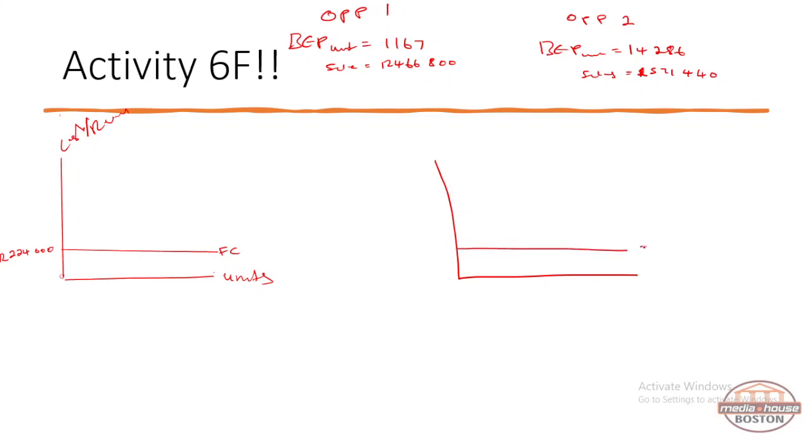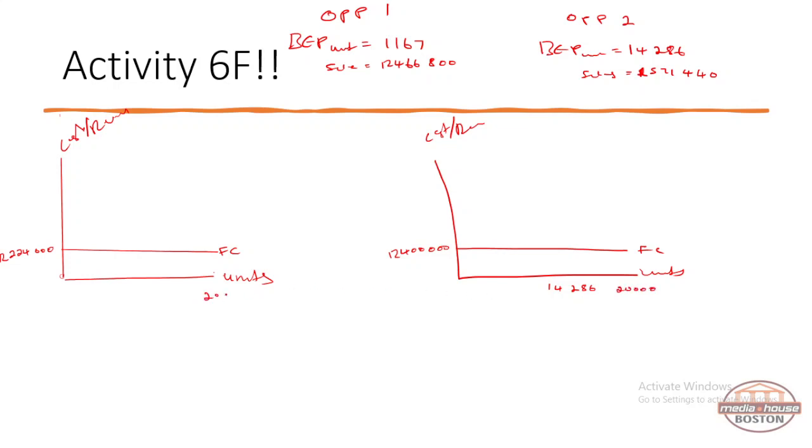So on this side, I'm just going to do a rough sketch. For number two, this is our fixed cost, this is our units, and this represents our cost as well as our revenue. So here we said that fixed cost was actually 400,000. So break-even point here, we are saying that it's 14,286, and our total number of units is 20,000.